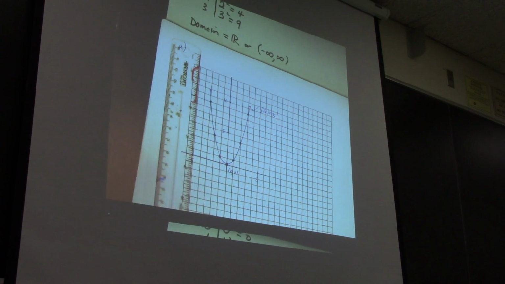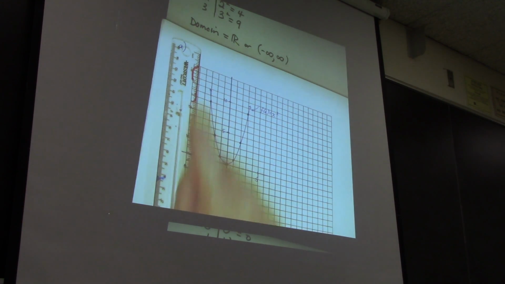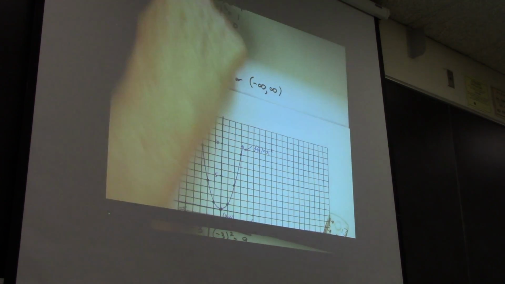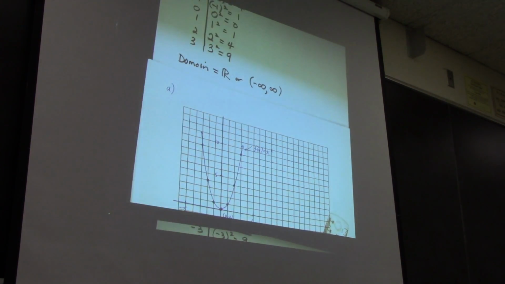But this parabola not only goes up forever, it goes out to the left forever and out to the right forever, albeit very slowly, because at negative 4 the y value is 16, and at x equals negative 5 the y value is 25.